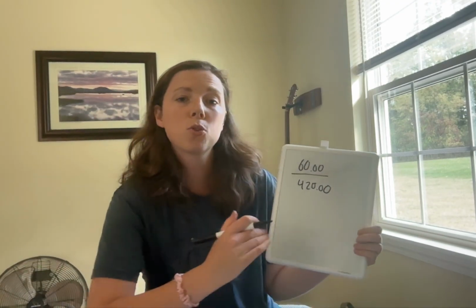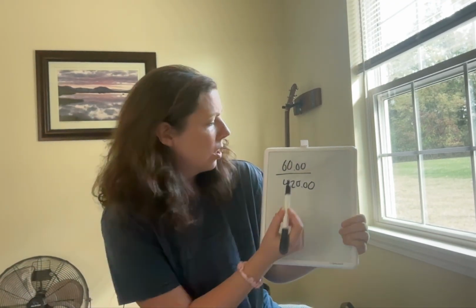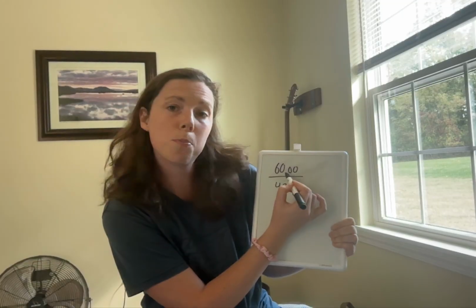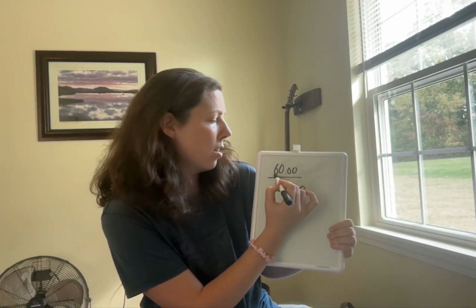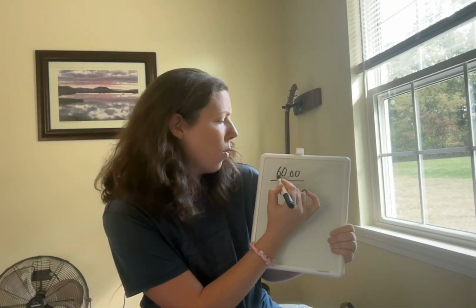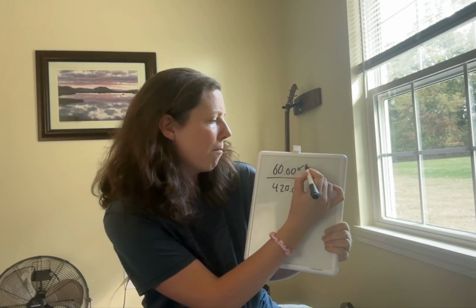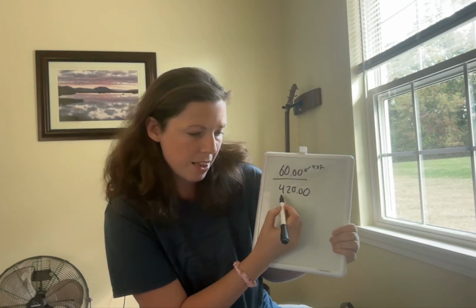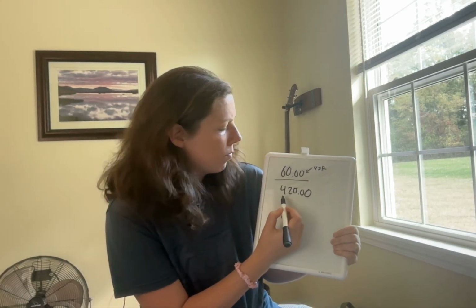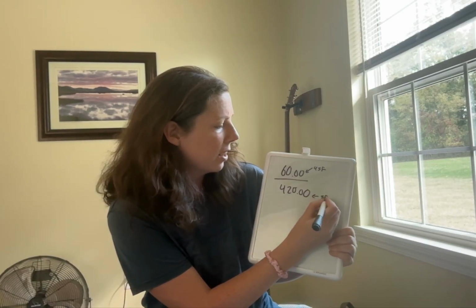So if we have an example 6.00 divided by 420.00, we can go back to our rules about zeros. This one has a decimal point and a non-zero digit, so we know all of these are significant. So we have 4 sig figs, and then same thing here, we have 5 sig figs.